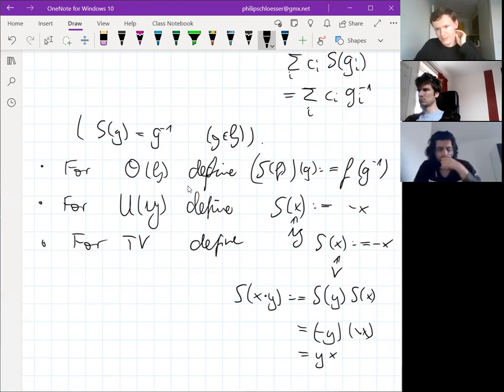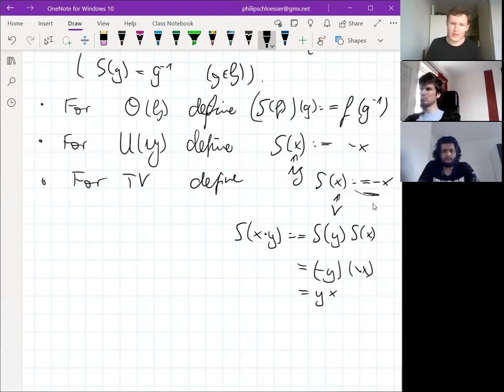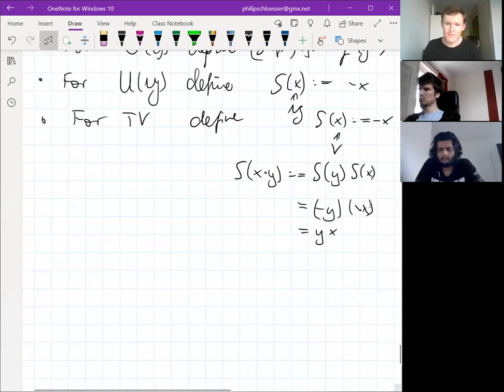Yeah, cool. So in general, these maps are a bit complicated, but in the easy case where we're just plugging in an element that's generating it, we have this easy formula, and otherwise we would have to write it as a sum of products of these generators.